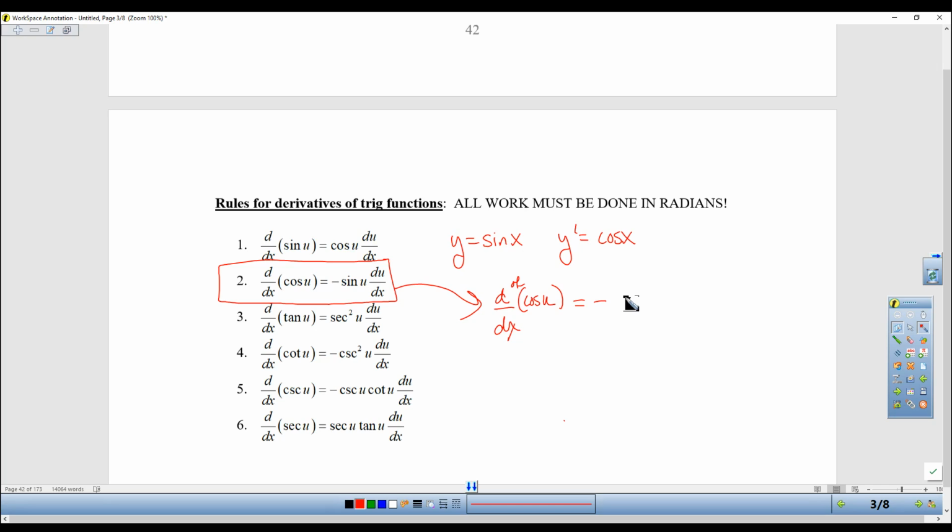You do negative sine of the same thing. See how that whatever this is still the same thing. But then you multiply, I've been saying, by the derivative of the inside, which everybody across the country does. But technically it's du dx. That means you take the derivative of just the u. So that's what that notation means. Don't let it frighten you.